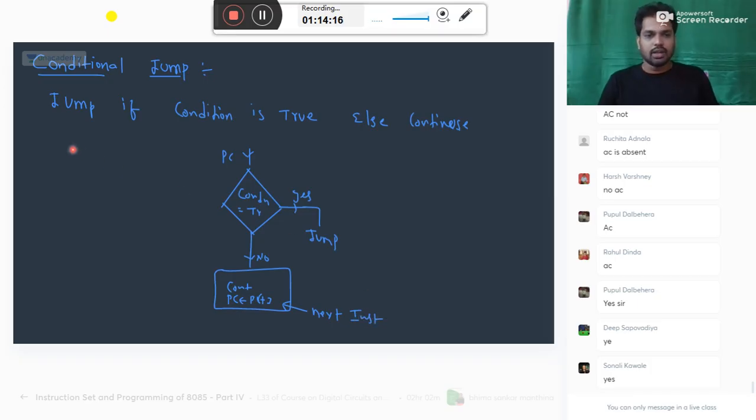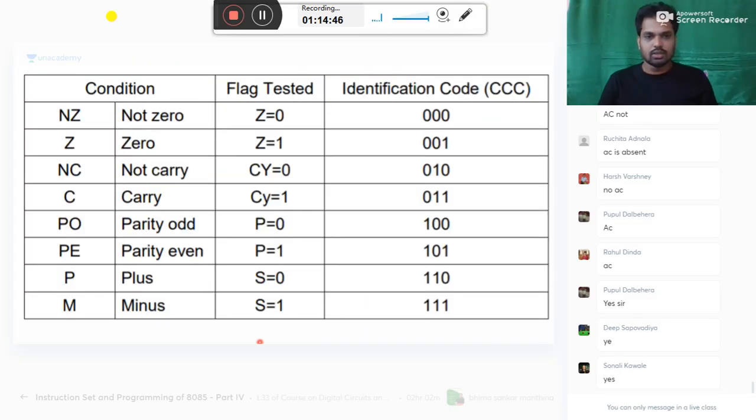So in 8085, 8 conditional jump instructions are available based on flags. So let us see that.